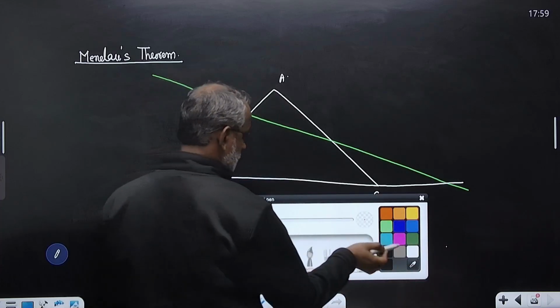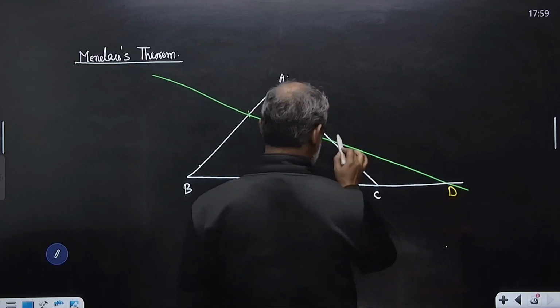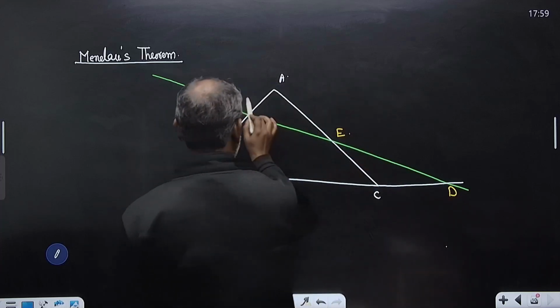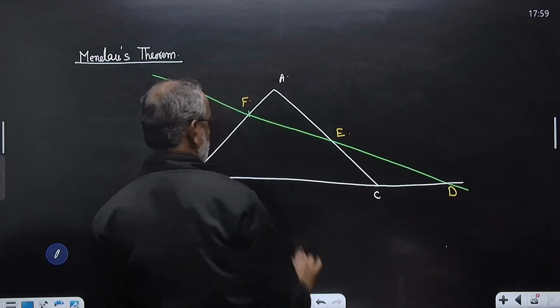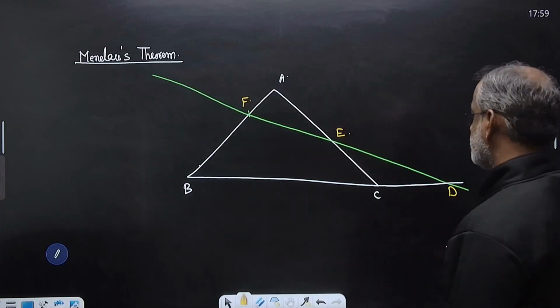Again, look, D, E, F. So, a transversal intersecting the three sides.